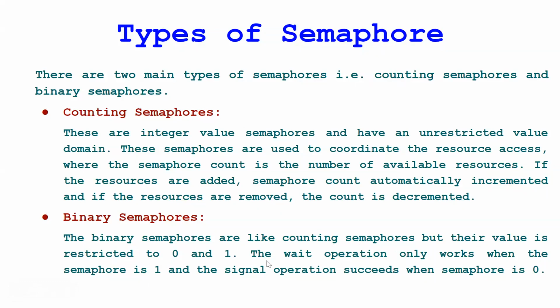The wait operation only works when the semaphore is 1 and the signal operation succeeds when the semaphore is 0. I think this part we have seen. If you have any query, you can ask me.